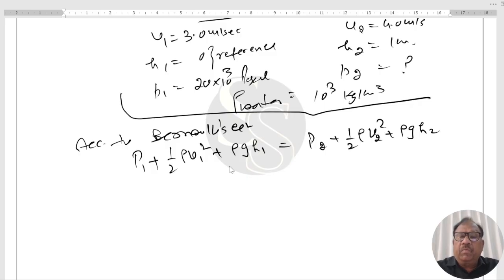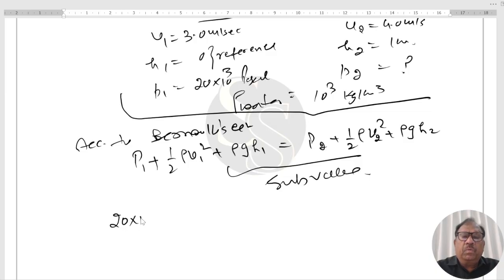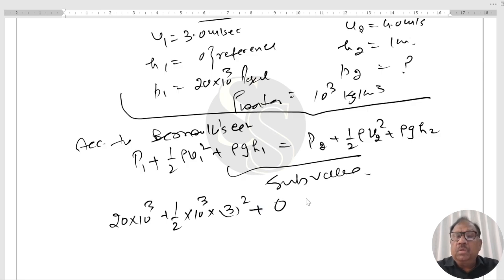Now simply substituting the values. P1 is 20 into 10 to the power 3 plus half into 10 to the power 3 into 3 whole square plus 0. Actually, we have taken 1 meter higher, the other side of 0. P2 we have to find out, plus half into 10 to the power 3 into 4 square plus rho 10 to the power 3 into 10 into 1 meter.